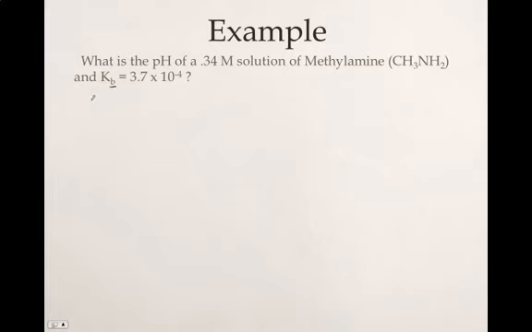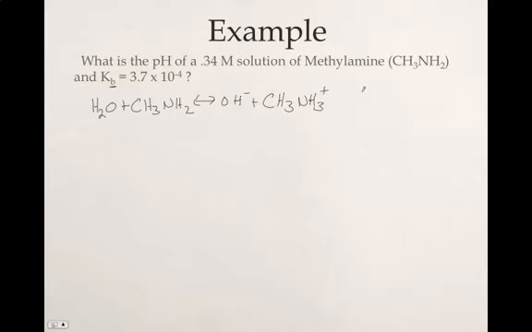So H2O plus CH3NH2 is in equilibrium with OH minus plus CH3NH3 plus. And we know that this gains the hydrogen because it's acting as a base, and a base is a proton acceptor. Because it's getting an H plus, we need to include that in the charge.